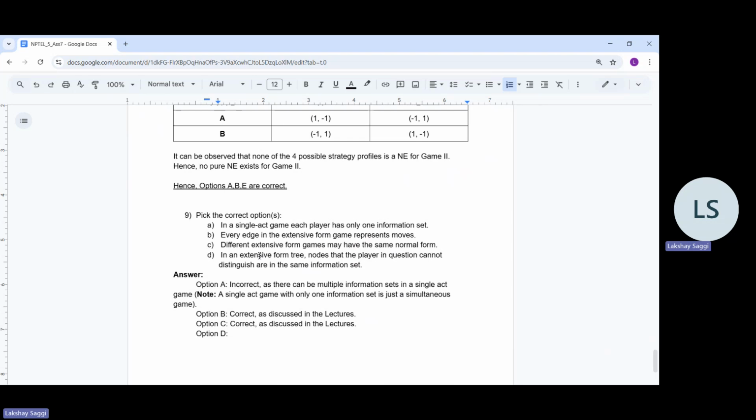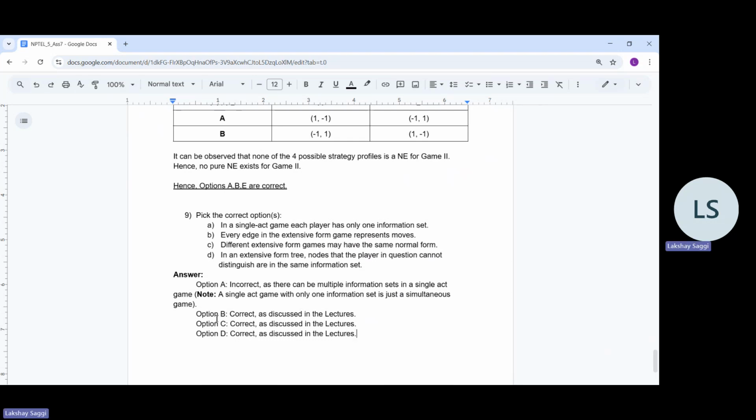This is in the definition of information set, so this indeed is correct. If two nodes belong to the same information set, then the player cannot distinguish between the two nodes.